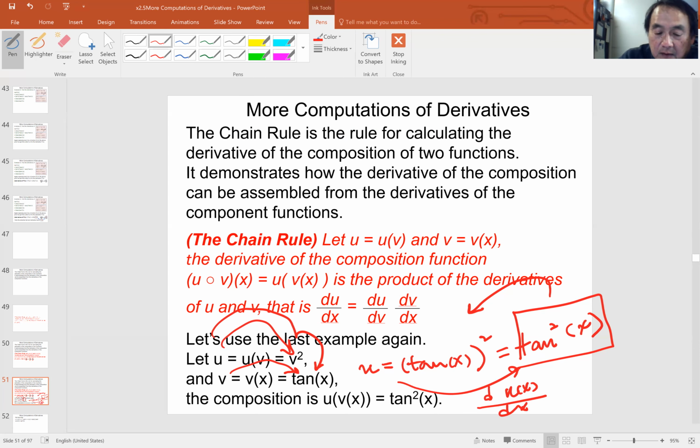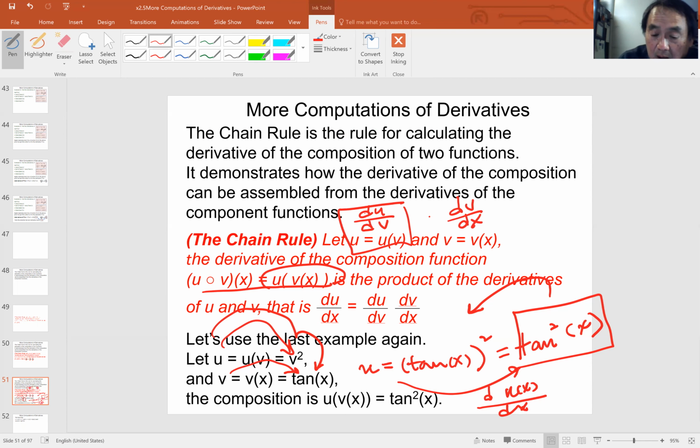And here's what the chain rule says. If this formula is a composition of u and v, then the derivative of the composition is going to be the product of the derivative of u with respect to the letter v and the derivative of v with respect to x.